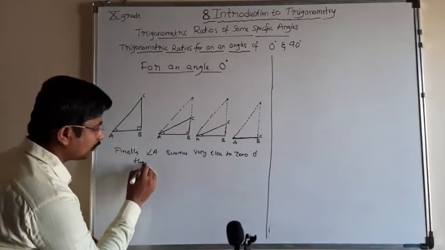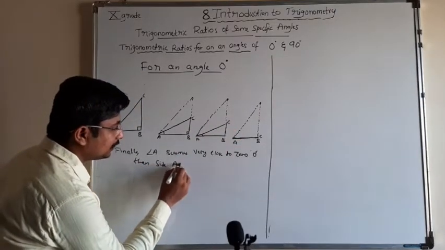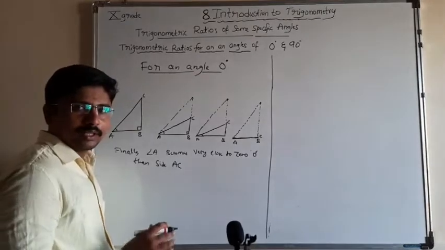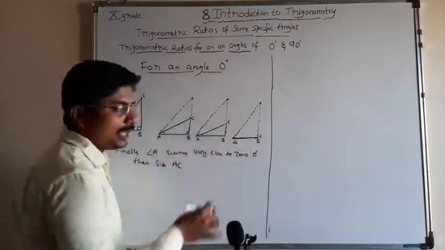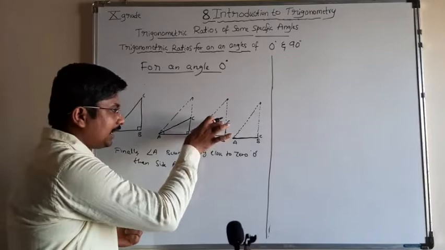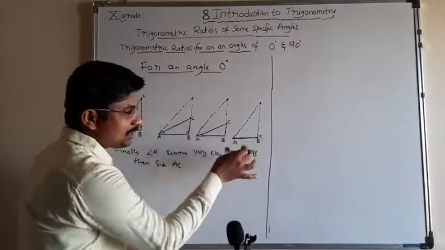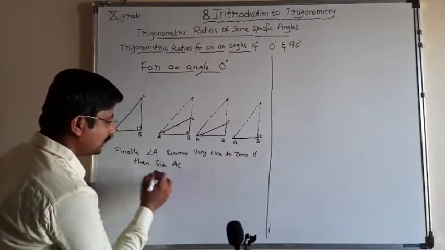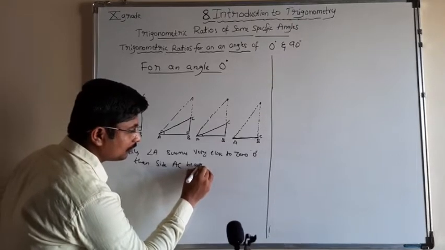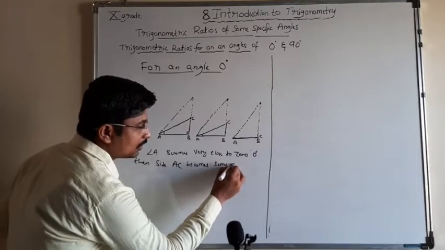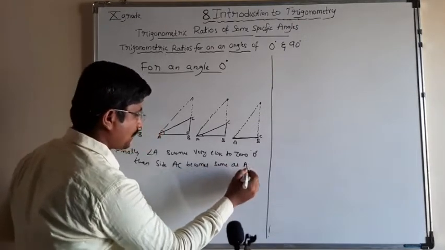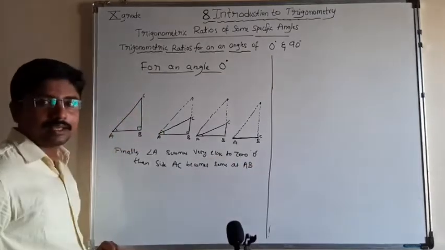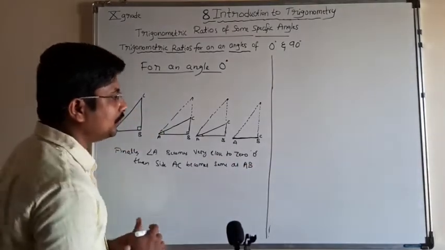Side AC becomes the same as AB. See here, side AC becomes the same as AB.